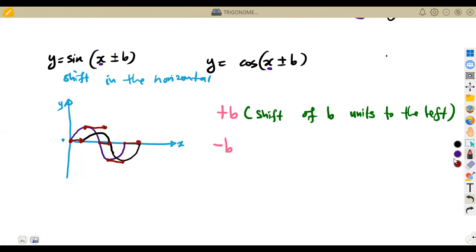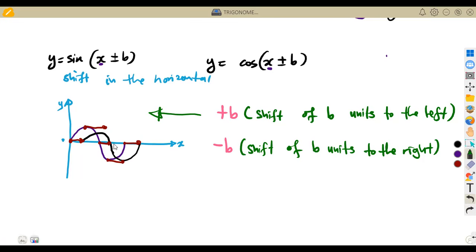If it is a negative on that one, it means we are going to have the shift of b units, but this time we are going to the right. So it's a shift of b units to the right. So your graph is going to shift to the right. When it is a negative, you're going to experience a shift to the right. When it's a positive, you're going to experience your graph shifting to the left. So this is something that you just need to understand or take into consideration whilst we are dealing with these graphs.